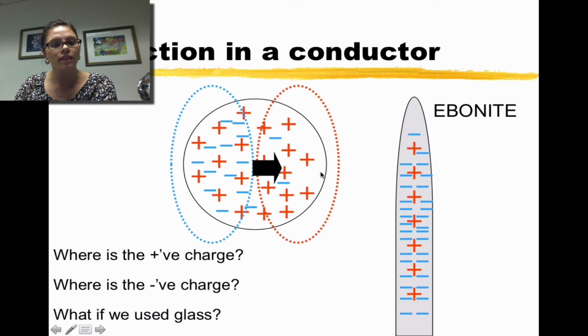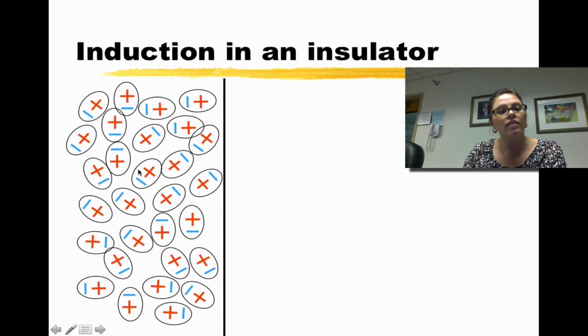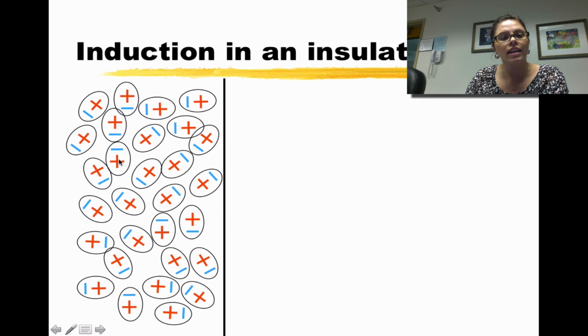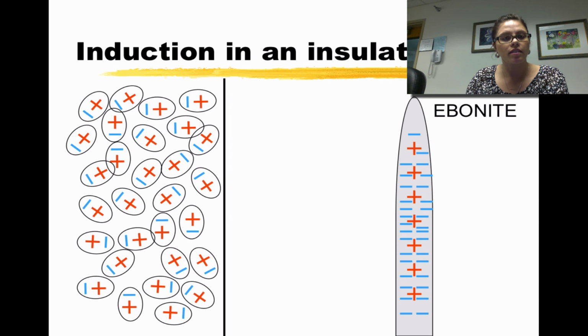Pretty cool, huh? Now let's see what would happen if we use glass. Glass is not a conductor, it's an insulator. So you could think of it as the positive and negative charges being bound together, but they can shift around. So we bring our same ebonite closer to the glass, and let's see what happens.